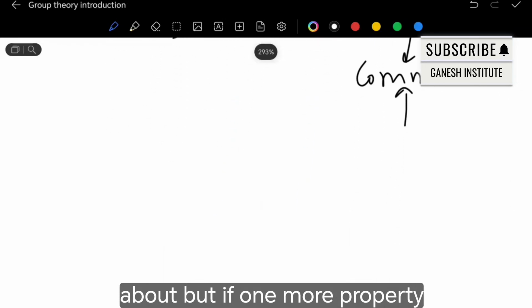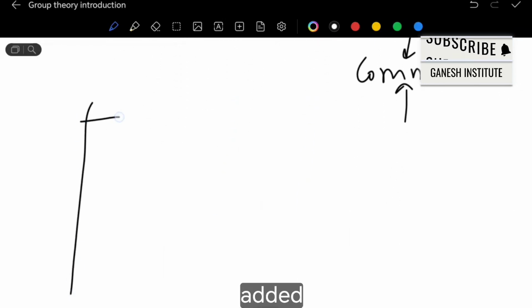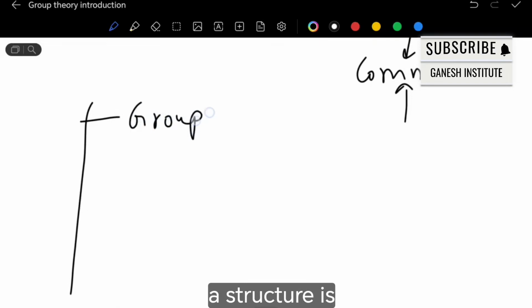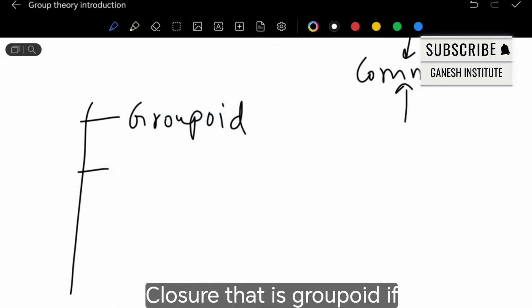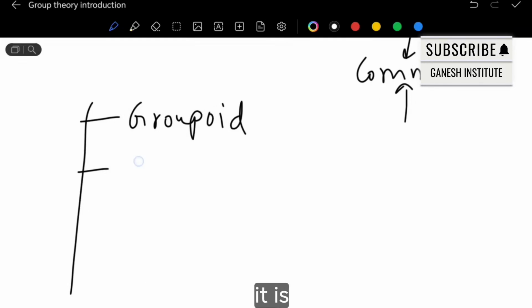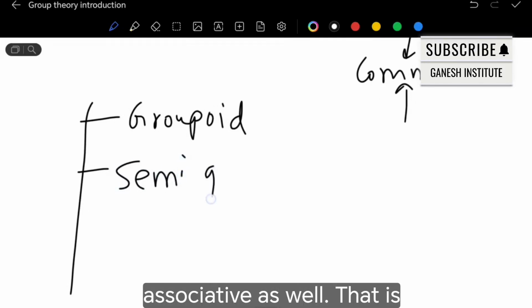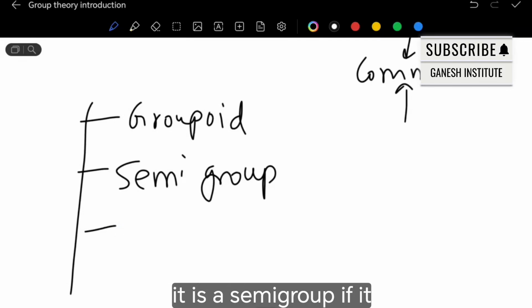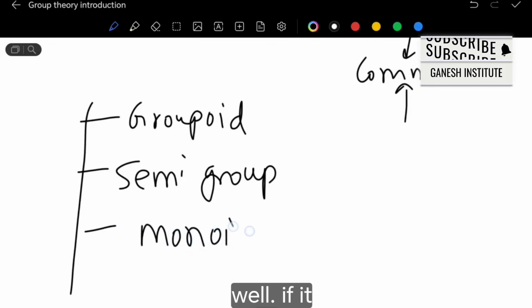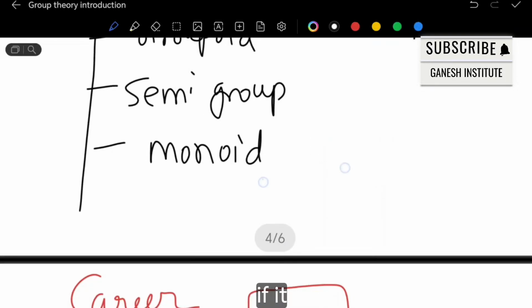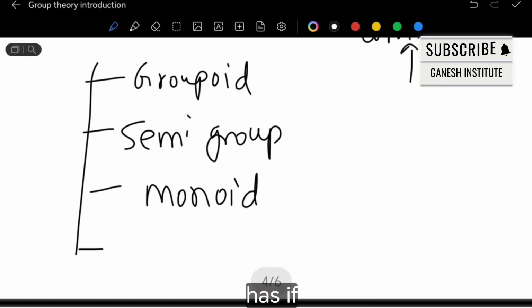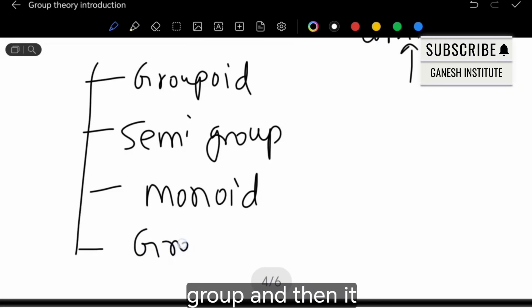But if one more property is added, that is, if a structure is closure, that is a groupoid, if it is associative as well, it is a semigroup, if it has existence of identity, it is a monoid as well. If it has existence of inverse, it is a group.